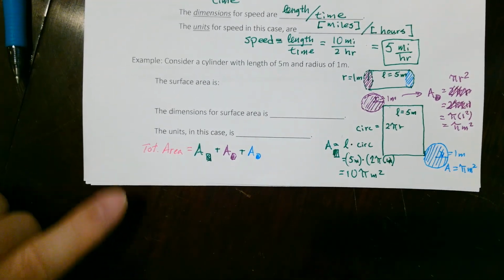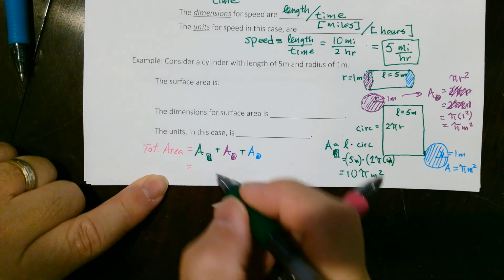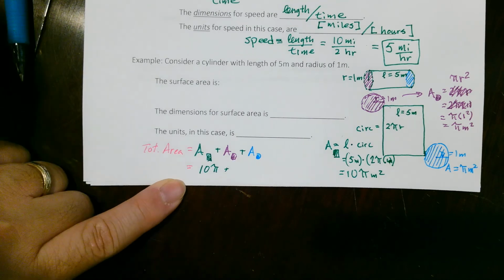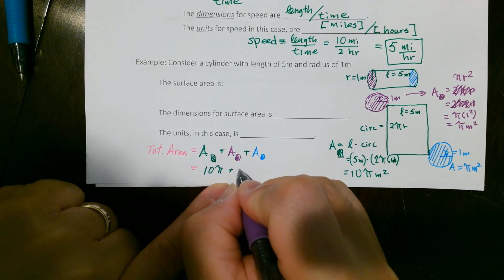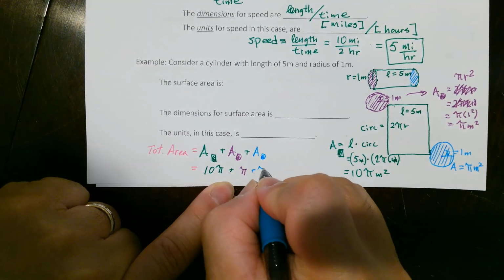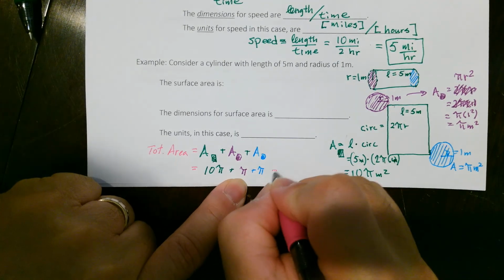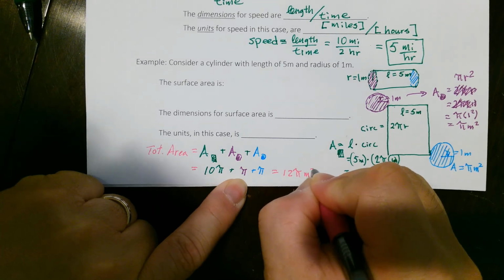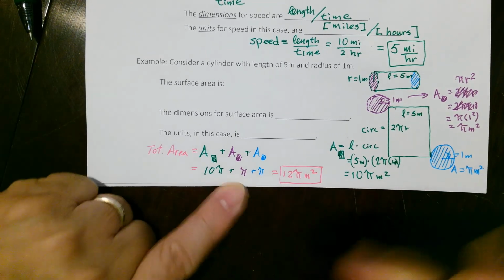Therefore, the total area is equal to 10 pi plus pi plus pi, and that comes out to 12 pi meters squared as my total area.